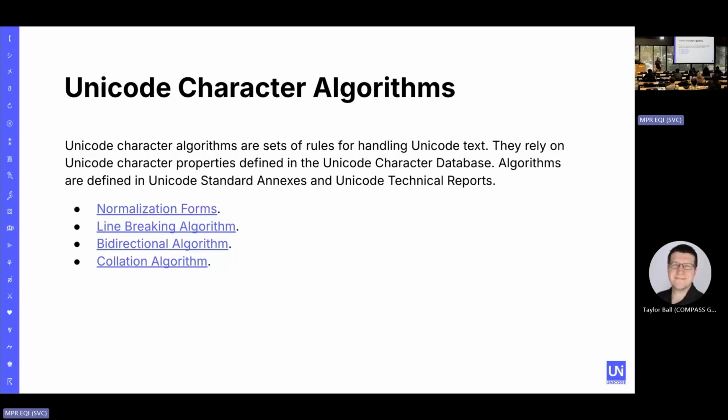You have the line breaking algorithm, which tells you how to read the character properties to determine what the boundaries are between characters, words, and sentences so you can properly lay out text on a page according to a specific layout. You have the bidirectional text algorithm. And then finally, you have the collation algorithm, which is all about how you sort different characters based on their properties.